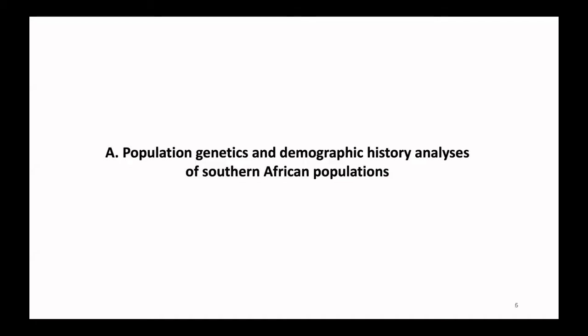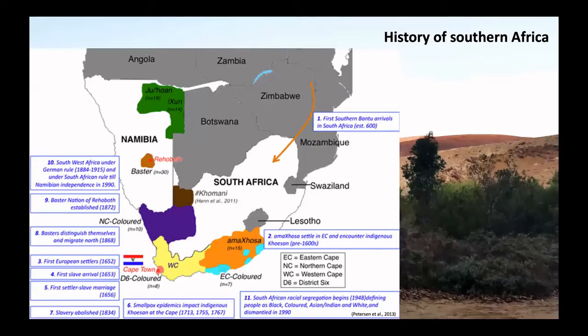Okay, so let's get started on population genetics. I think some of you will be familiar with this diagram from Desiree Peterson's paper in 2013, detailing the history of Southern Africa. As you know, there were various migrations that entered Southern Africa, starting off with the first Southern Bantu-speaking population's arrival in South Africa and settlement in the Eastern Cape.